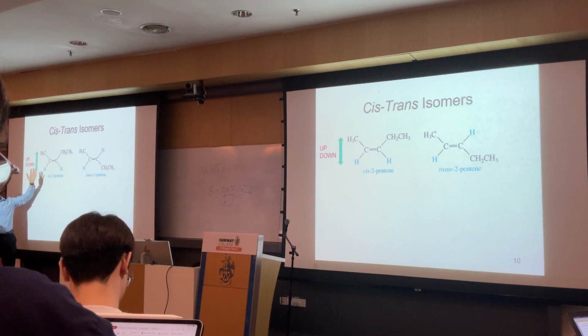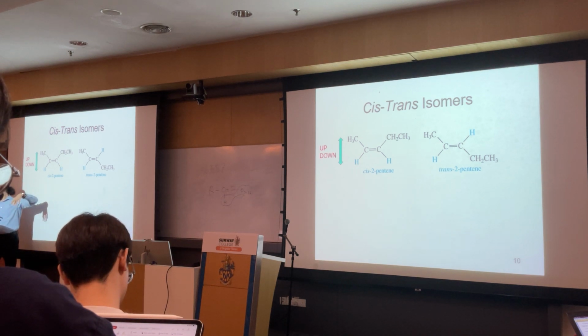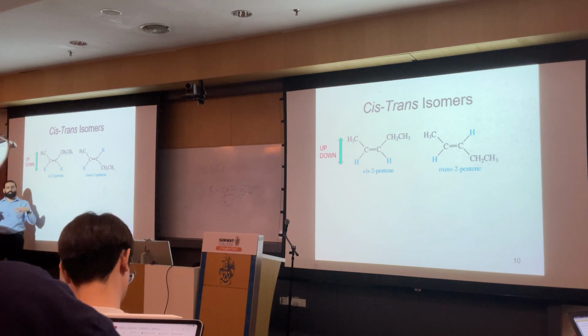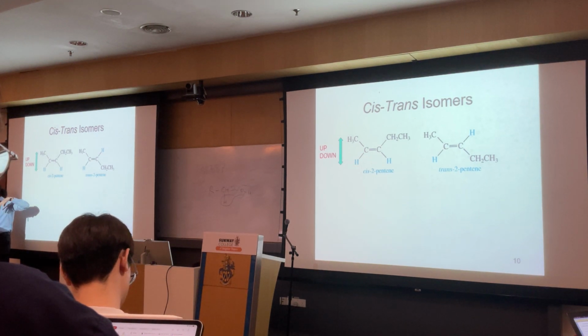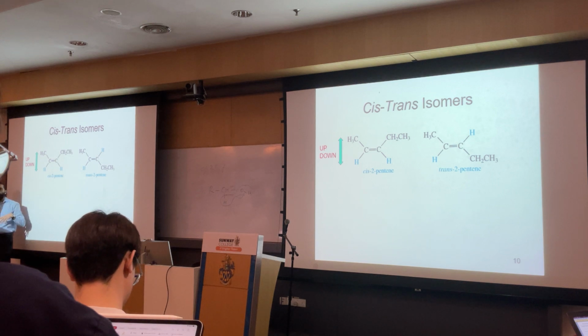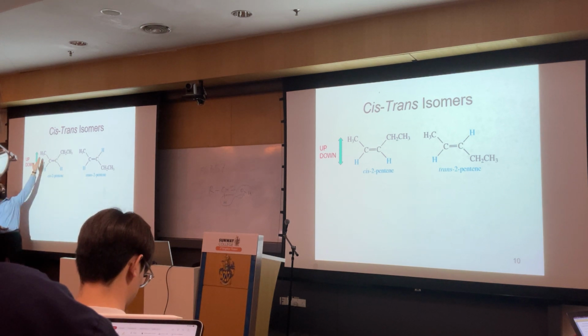You have to look at if the heavier groups are at the same side vertically or they are on the opposite side. So if they are on the same side, then you can call that isomer cis, and if they are on the opposite side, then you can call the isomer trans. So we have to look at it vertically.